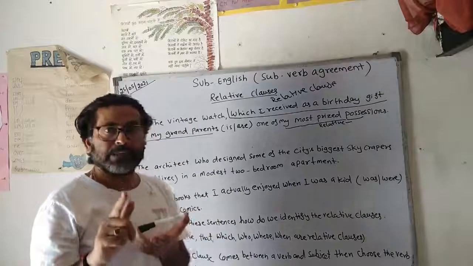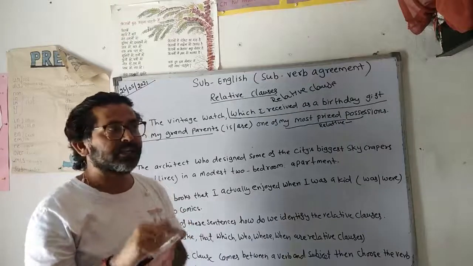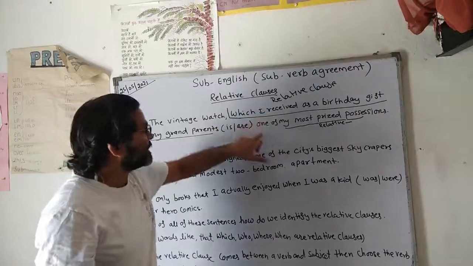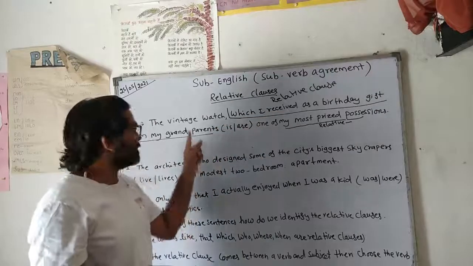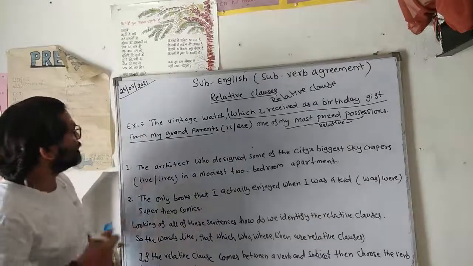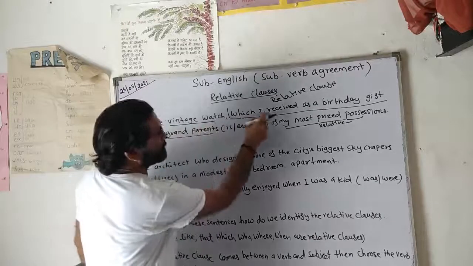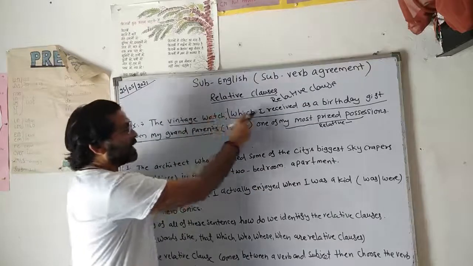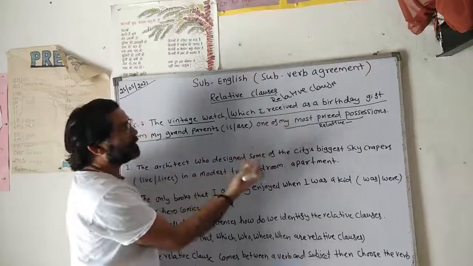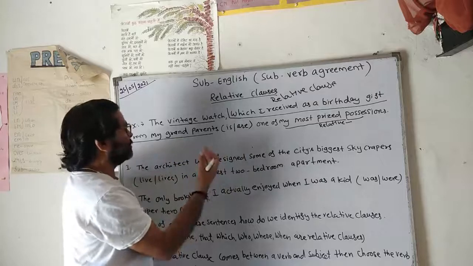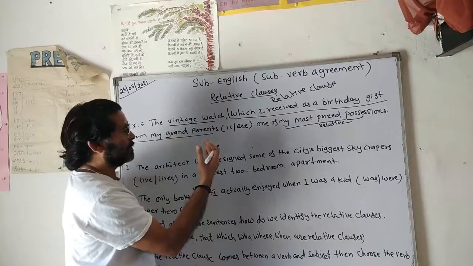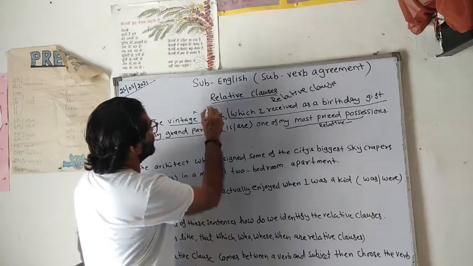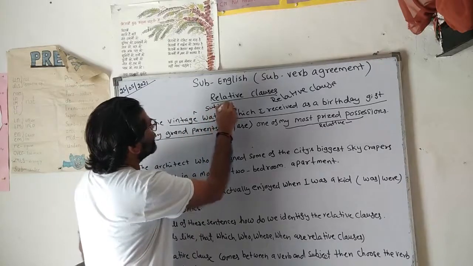In this sentence the relative clause is between the subject and the verb. So what is the subject here? Vintage watch, because this entire clause is describing the vintage watch. And watch is singular. This is the subject and it is a singular noun.